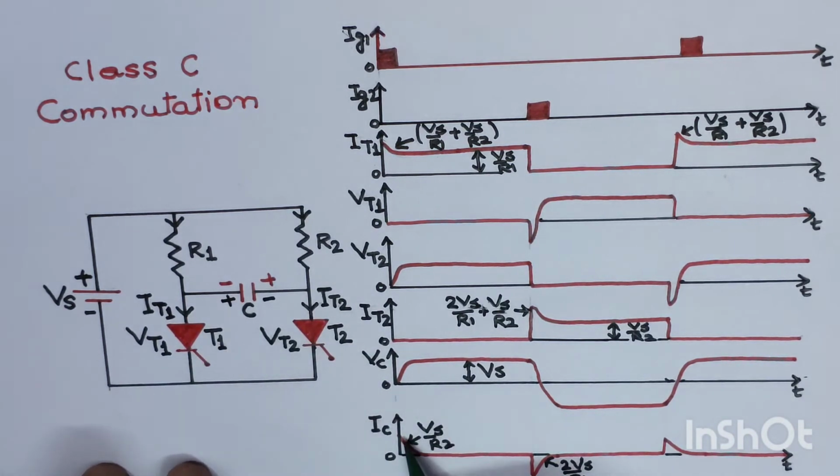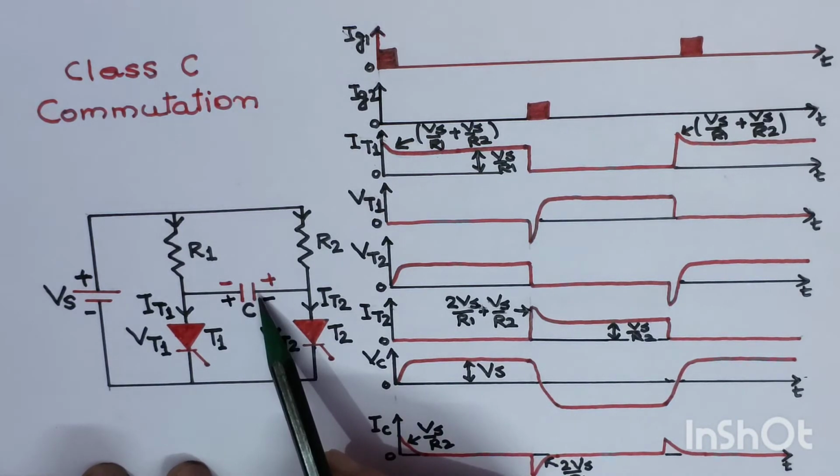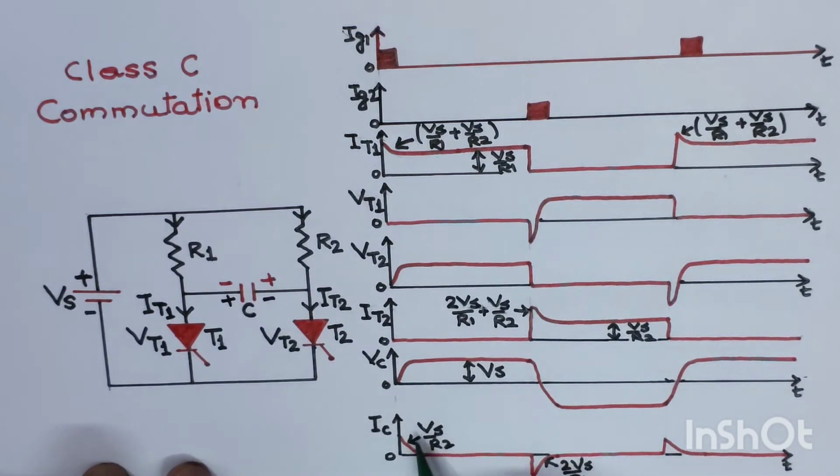So this is the charging current of the capacitor in the first mode, and the value of the charging current is given by Vs by R2. And once the capacitor has become fully charged, then the charging current will be 0. That's why the charging current has been shown here with 0 value, and this is the only notch which has been shown, that is the charging part of the capacitor. This value is given by Vs by R2.